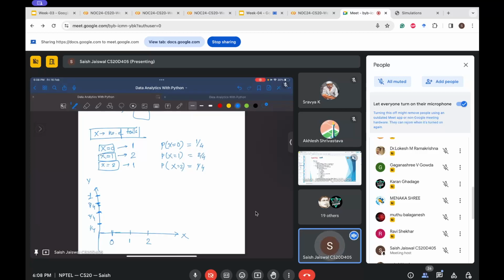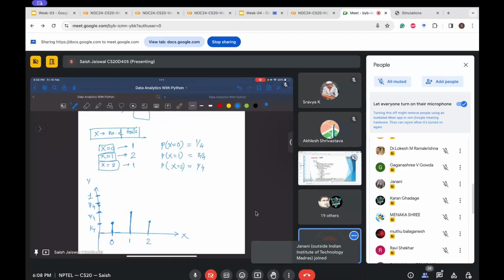For x equal to 0, the probability is 1 by 4. For x equal to 1, the probability is 2 by 4, which is 1 by 2, and for x equal to 2, it is again 1 by 4.